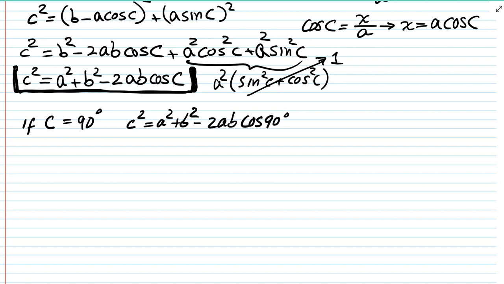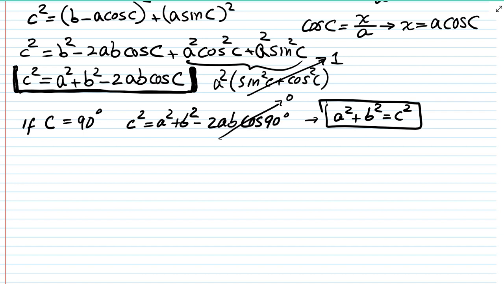And we all know cosine of 90 is 0, which makes that term 0. Therefore, for a right triangle, we get the familiar Pythagorean theorem. There you have it. Given two sides, we can find the third side using Pythagorean. So in other words, the Pythagorean theorem is a special case of the law of cosines.